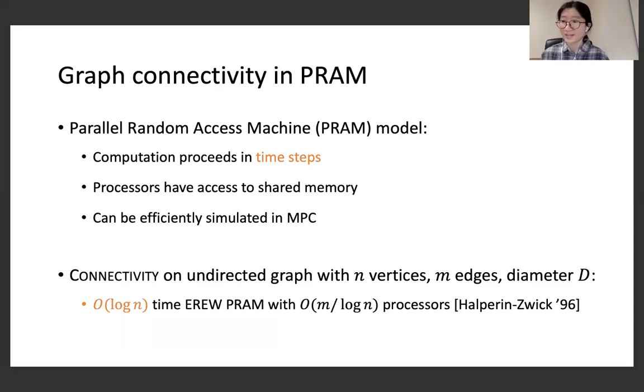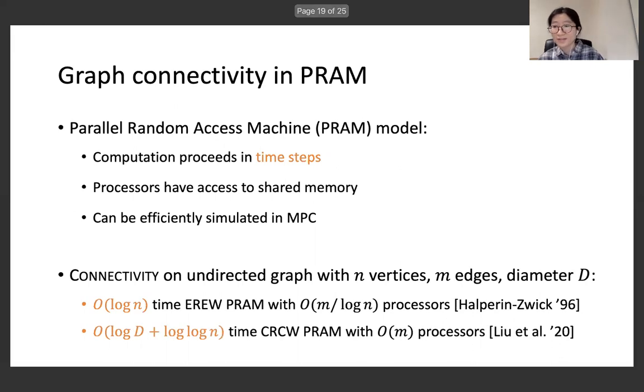As we mentioned earlier, connectivity has been extensively studied in PRAM as well. There are several PRAM algorithms in the literature that solve this problem in O of log n time. For example, the algorithm of Halperin and Zwick achieves this using an optimal O of m over log n processors in the weakest version of EREW PRAM, where each cell can be read or written by at most one processor at a time.